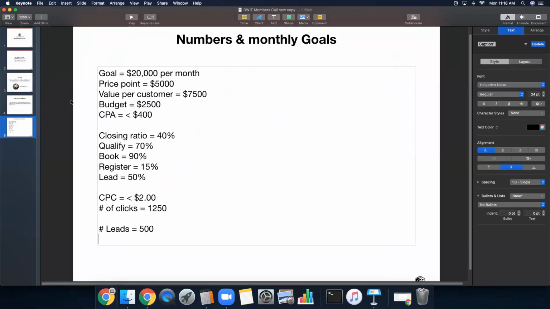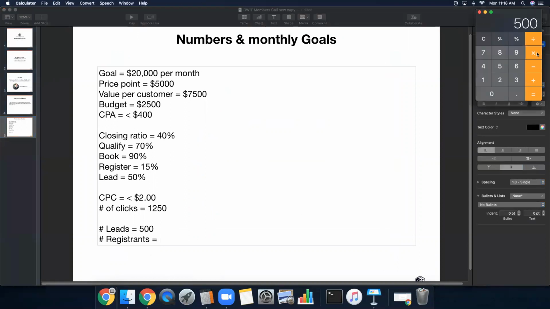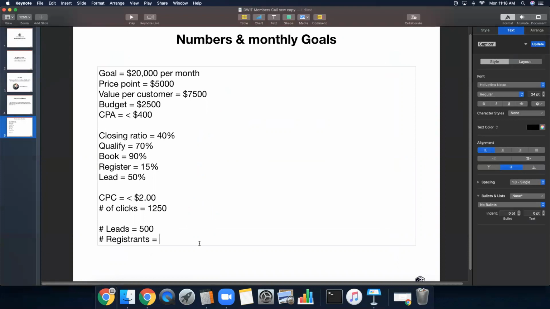And let's go to our number of registrants. Now our number of registrants is going to be at 15%. So 500 times 15%, we're looking at 75.